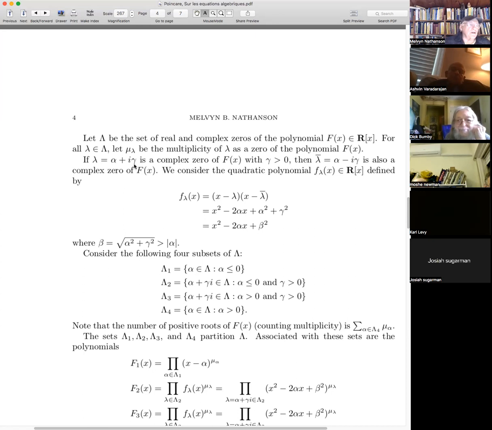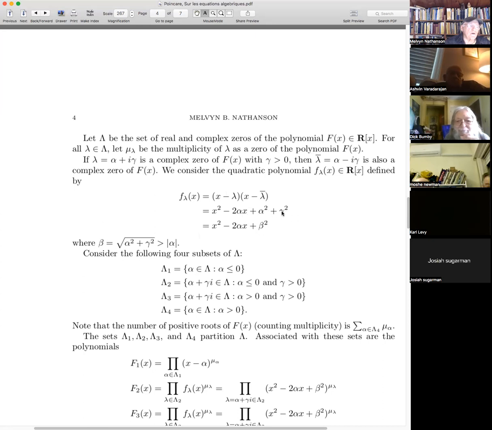So I can just take the complex zeros for which the imaginary part gamma is strictly positive, and then the complex conjugate, alpha minus i gamma, where the imaginary part is negative. So if we take the polynomial x minus lambda times x minus lambda conjugate, these are both roots of the original polynomial, capital F. If you multiply it out, you get x squared minus 2 alpha x plus the square of the norm, which I'll call beta squared.